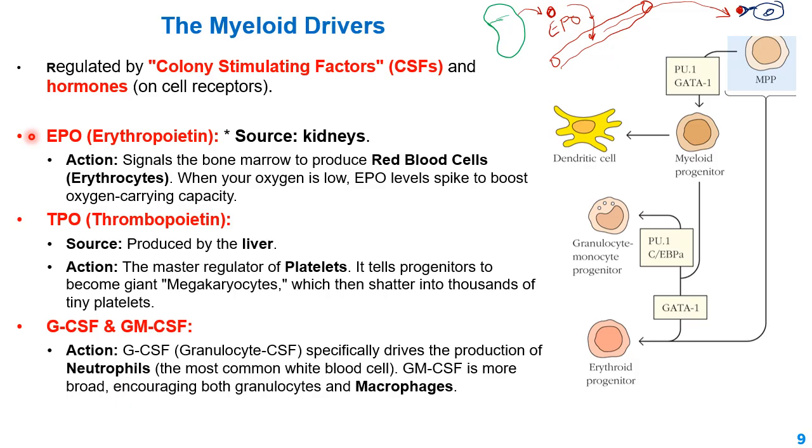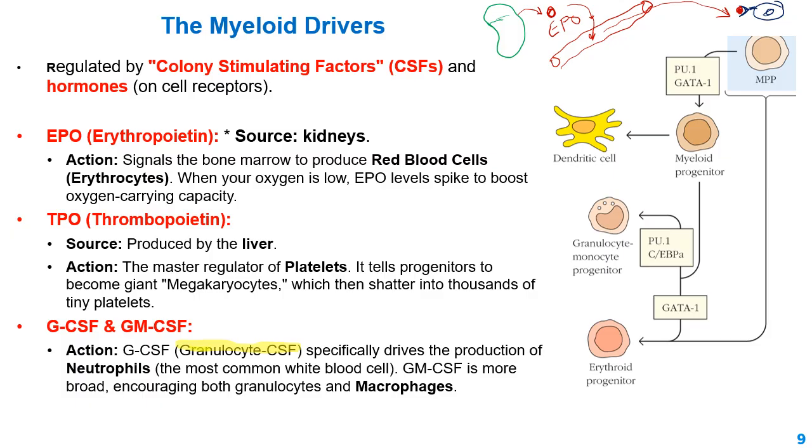Besides that, you have a hormone for red blood cells and a hormone for platelets, and then you have these other hormones that are stimulating factors. Those hormones are really important for producing white blood cells. You have G-CSF and GM-CSF. The G is for granulocyte, granulocyte colony stimulating factor.